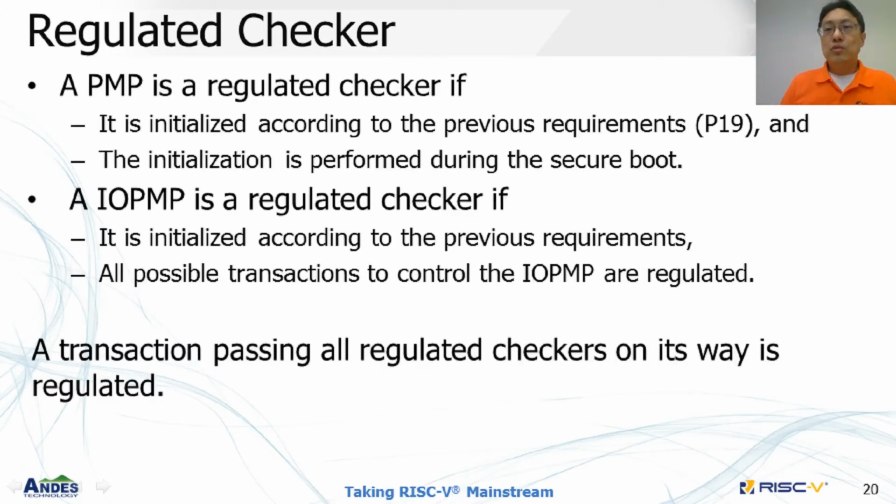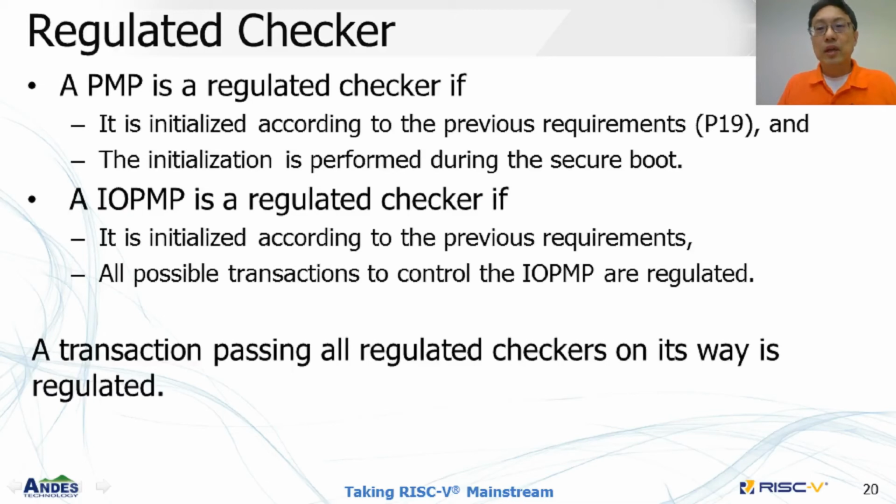Besides, we should also ensure a PMP or IOPMP is not initialized by malicious code running in M-mode. Therefore, for a RISC-V hart that may issue a trusted transaction, a secure boot should run on it in the beginning and should initialize its PMP according to the above requirements.